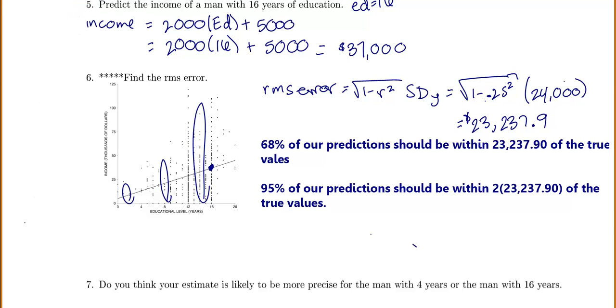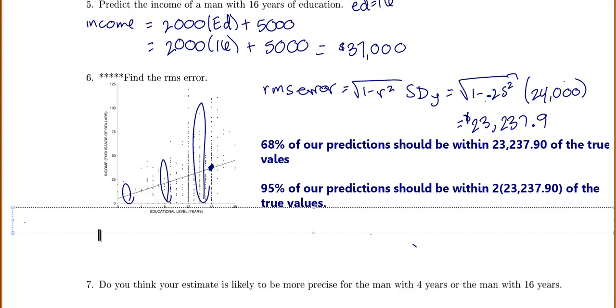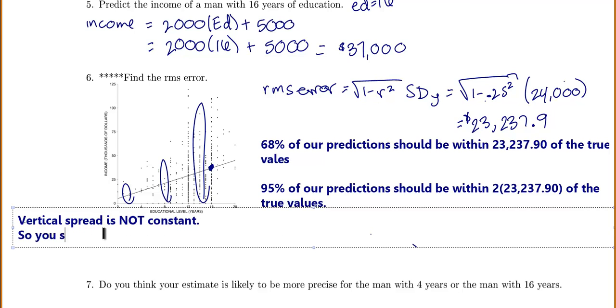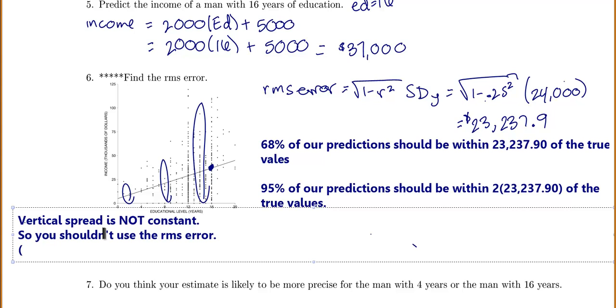The RMS error only makes sense if you have a constant vertical spread. So in this case, our vertical spread is not constant. So you shouldn't use the RMS error. Really, you shouldn't use regression either. So this is a good example of you should always check your data before you get too excited about making your predictions, because the predictions we're making might not be all that accurate.